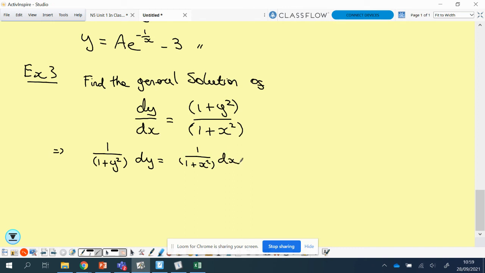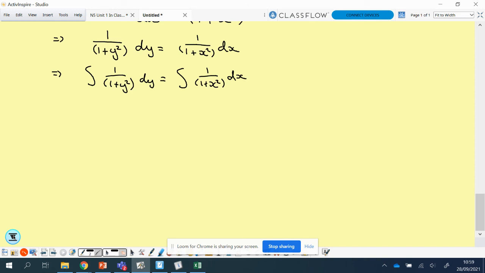Okay. Therefore, if I put my integration signs on, I'm going to have the integral of 1 over 1 plus y squared dy equals the integral of 1 over 1 plus x squared dx. Okay.